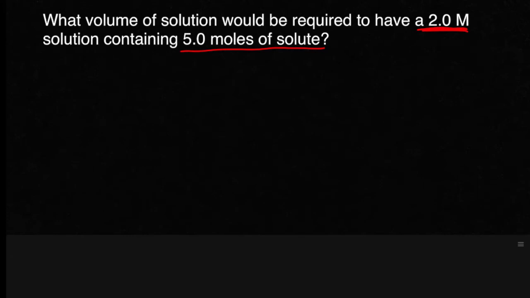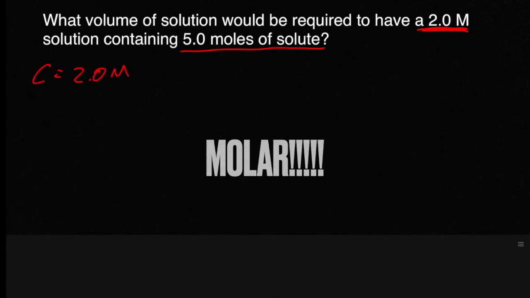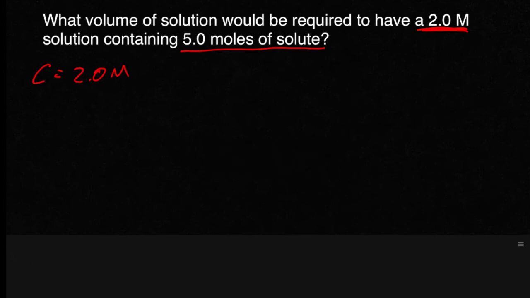Let's get started. Concentration is equal to 2.0 moles per liter. We could write M is equal to 2.0, and we have moles equal to 5.0 moles of our solute. The equation, again, is molarity is equal to moles of our solute divided by liters of our total solution.